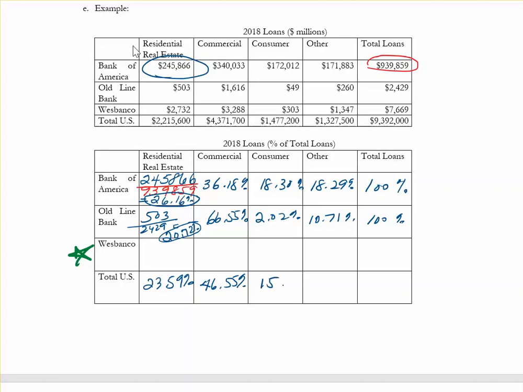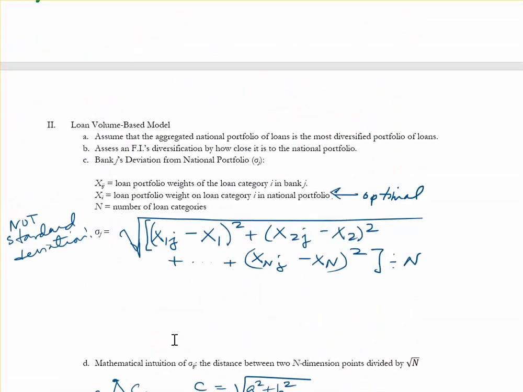Again, 1.47 divided by 9.39 is 15.73%, and then others 14.13%. And of course that sums up again to 100%. Now we're going to use these percents here in the formula I gave up above.